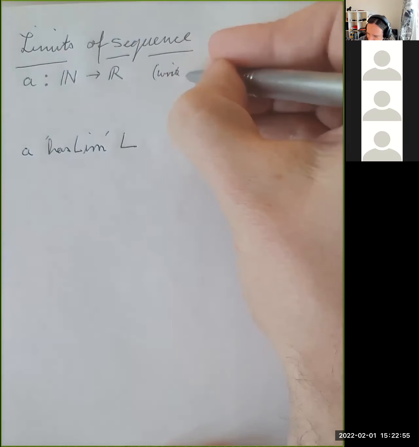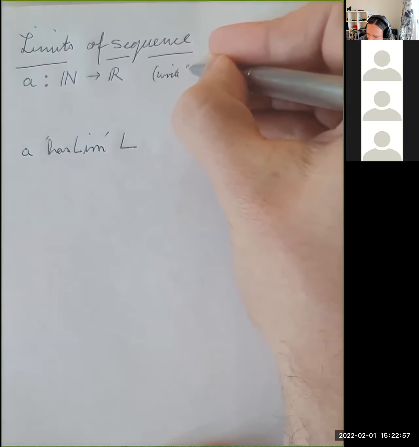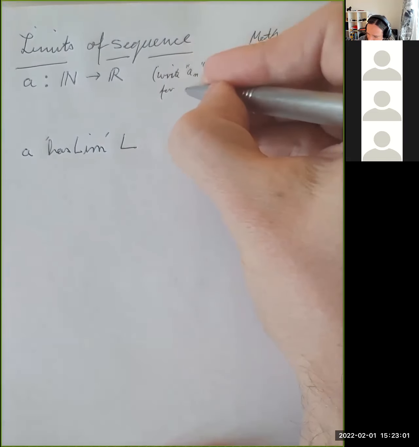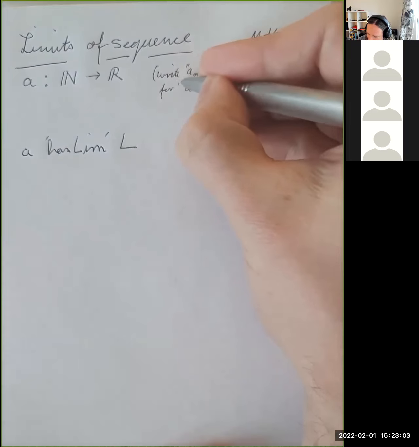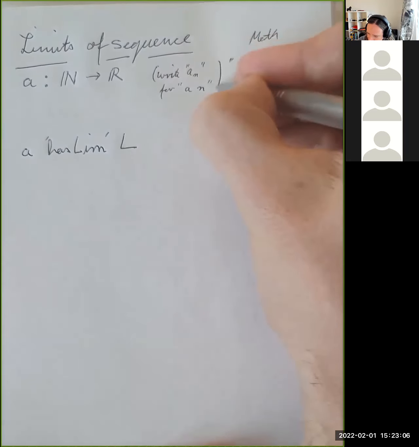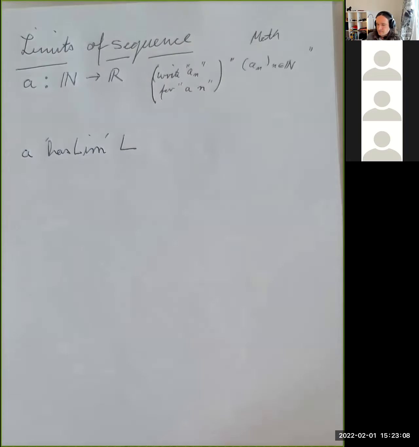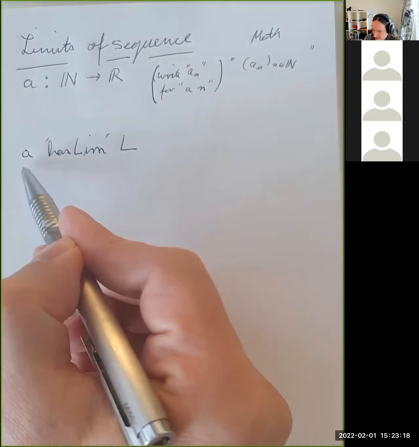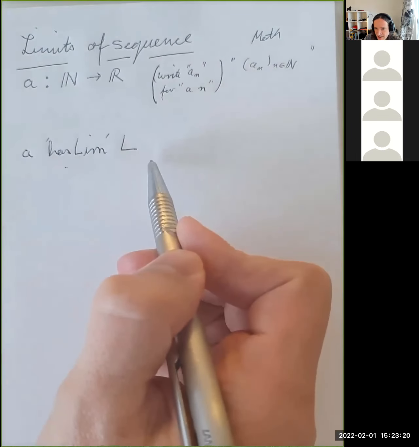So we can write A n for the application of A to n. Okay, so this should be read as the sequence A has the limit L.